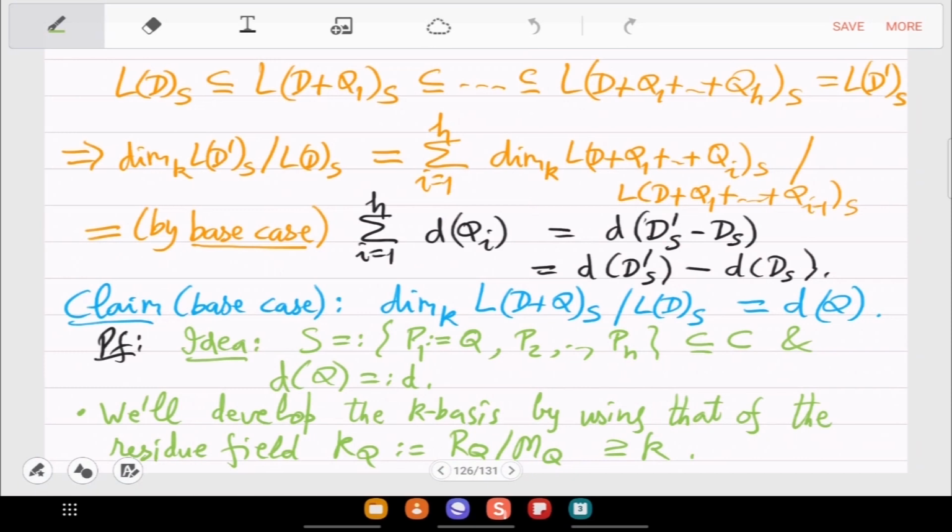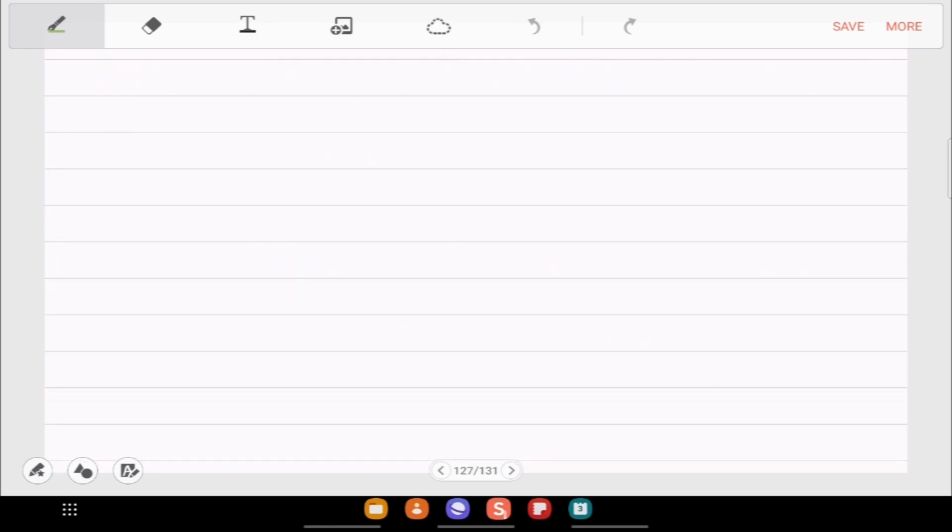And then there are some other points which are unrelated. They may be n minus 1 more points. And the degree of Q happens to be d. Let's assume that, denote that.